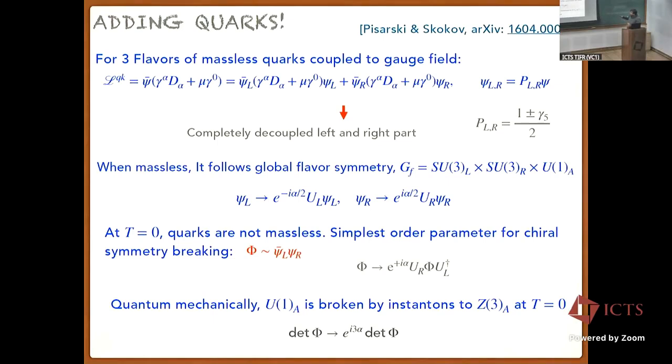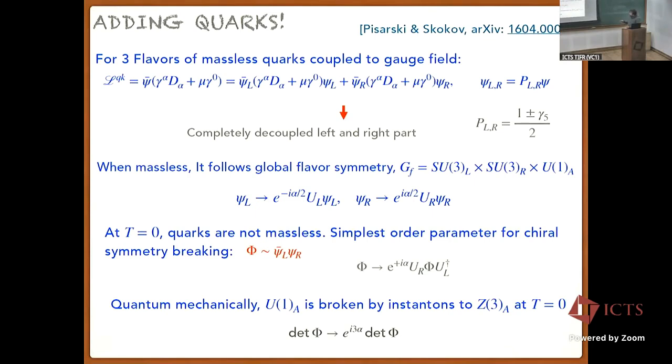But this is when the quarks are massless. At zero temperature, quarks are not massless. They have some heavy mass. So if we have a mass term here, this Lagrangian is not symmetric under this GF transformation.